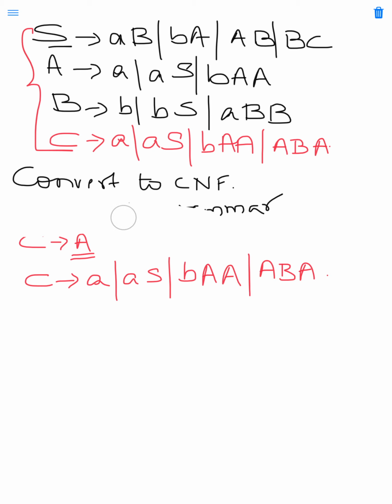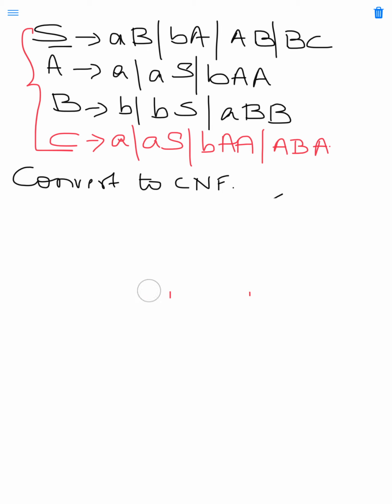Now you have to check whether each of the productions in the grammar is in CNF or not. So what is the rule for CNF? It should be taking the form as right hand side exactly two non-terminals or a single terminal symbol.